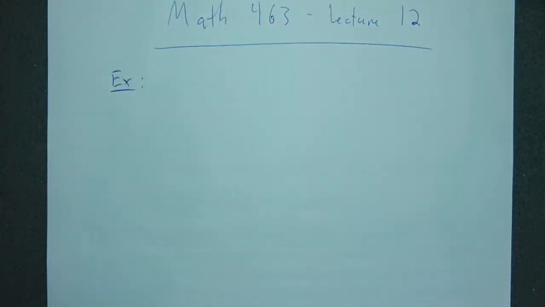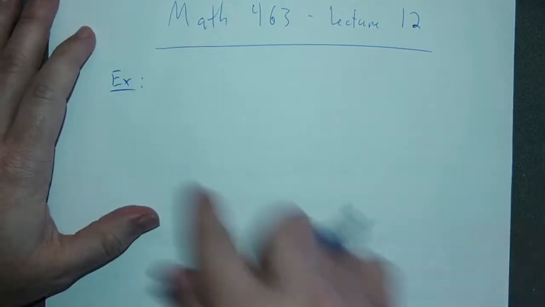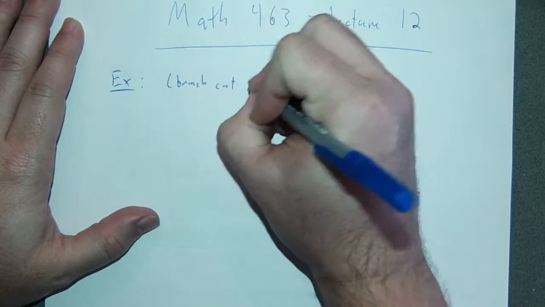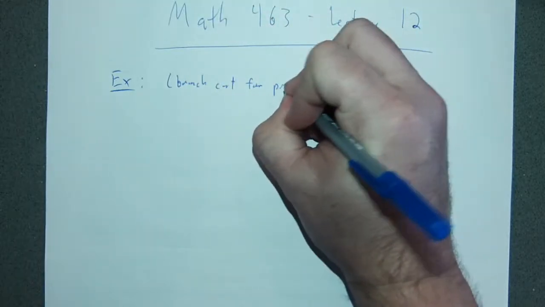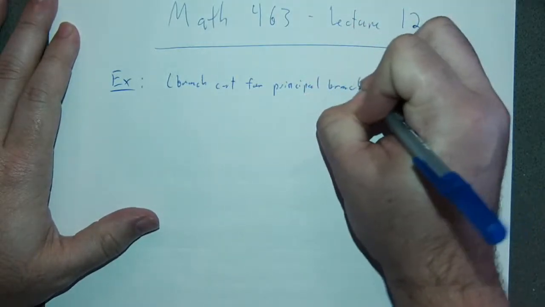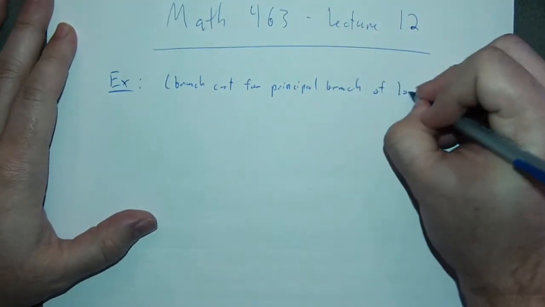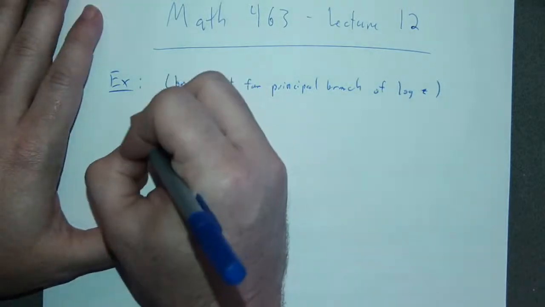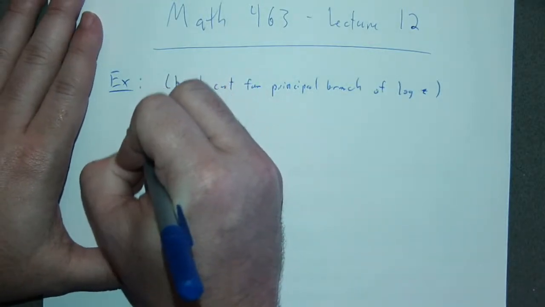Let us consider the branch cut for the principal branch of log z. What does this look like in a picture, so that you can see what's going on?